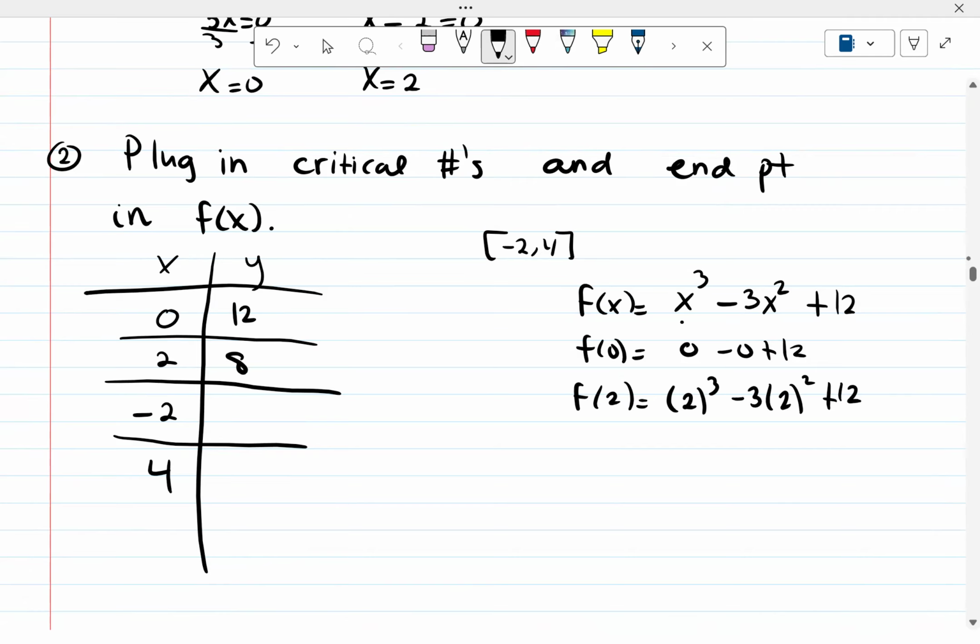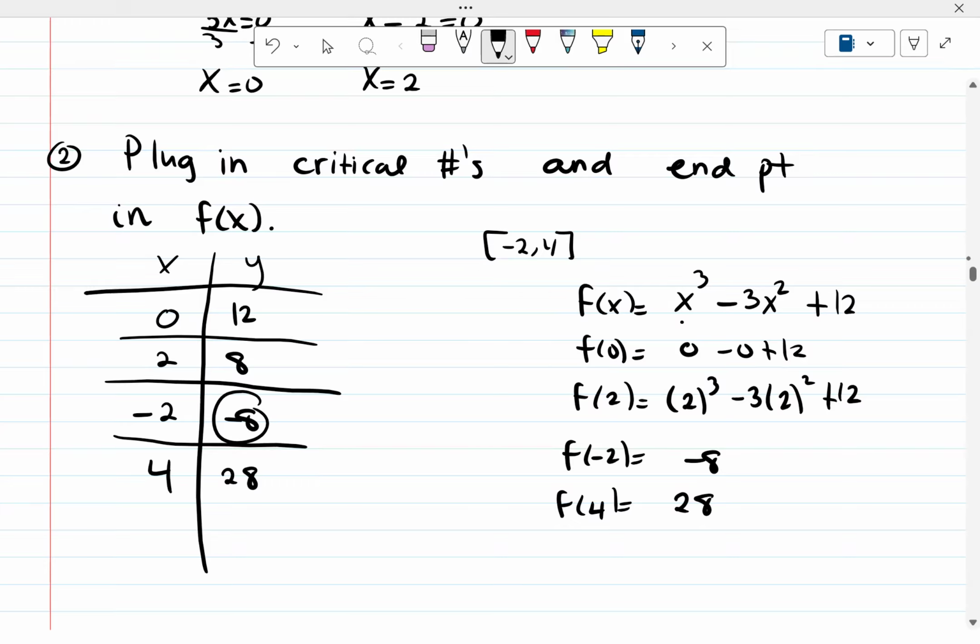That spits out 8. And if I plug in negative 2, that gives me a negative 8. And then when I plug in 4, it spits out 28. So what is the question? The absolute minimum. So of these y values, what is the smallest y value?